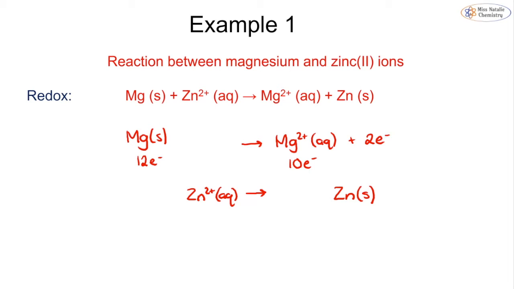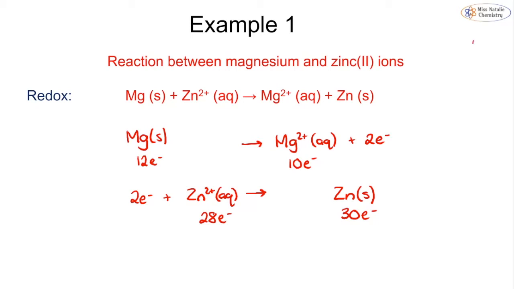If we look at the zinc, we're going to have the zinc atom having 30 electrons. The zinc ion is a 2+, which means it only has 28 electrons. So I need to add 2 electrons to the left-hand side, and that gives me 30 on the left-hand side and 30 on the right-hand side.